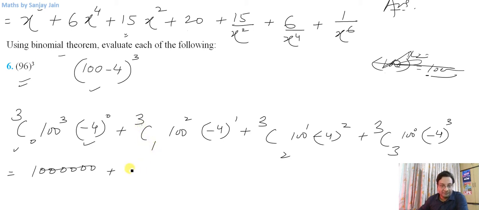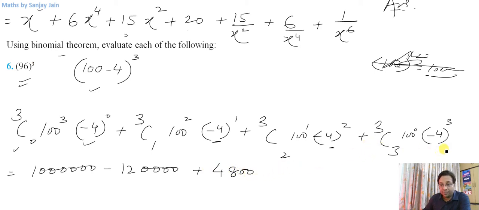3c1 is 3, this is minus 4, so 3 into minus 4 is minus 12 and into 100 square. So let me write it like this, minus 12 and then 4 zeros, 1, 2, 3, 4, plus 3c2 is 3, 4 squared is 16, 16 into 3 is 48, followed with 2 zeros, 4800.